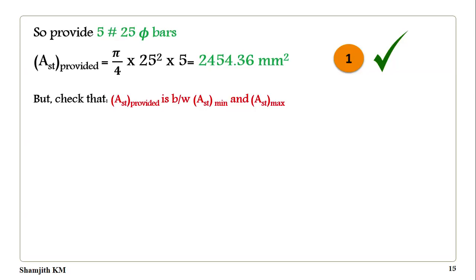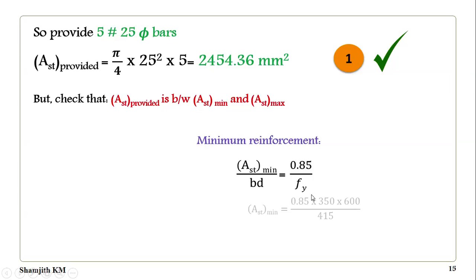But we need to check that AST provided is between AST minimum and AST maximum. So we need to calculate AST minimum and AST maximum. To calculate the minimum reinforcement, you can use the equation AST minimum divided by BD equal to 0.85 divided by Fy.